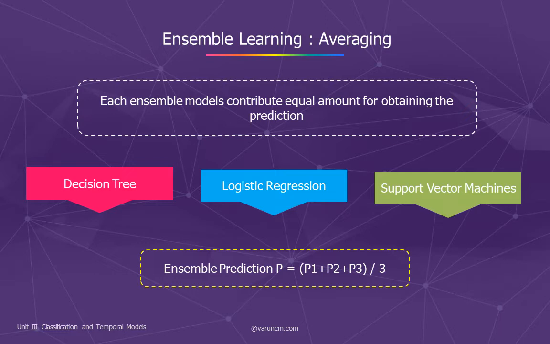P1 will be the prediction from the decision tree, P2 will be the prediction from logistic regression, and P3 will be the prediction from the support vector machines. We are going to get the average of these three machine learning models to get the ensemble prediction.